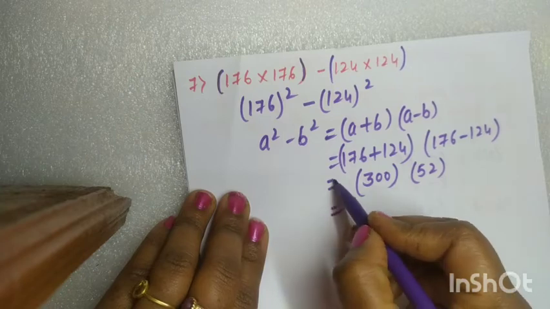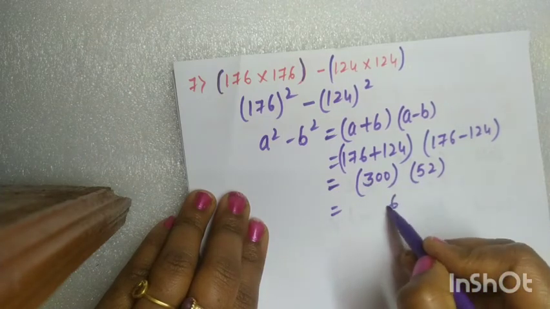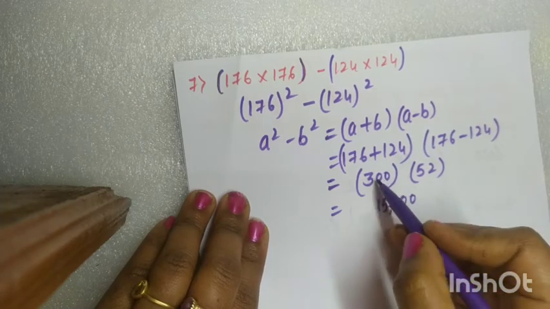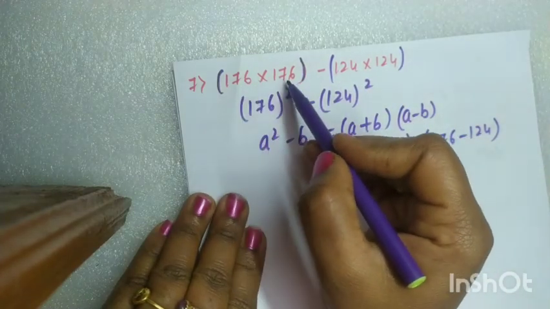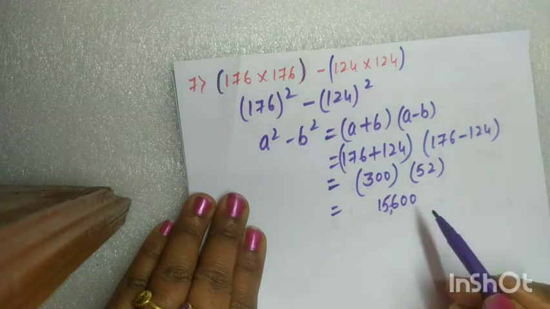Now just multiply: 3 2s are 6, 3 5s are 15, and the double 0 as it is. So 176 into 176 minus 124 into 124 is equal to 15,600.